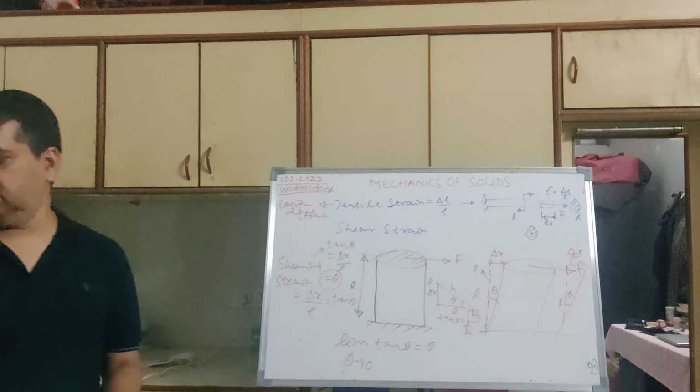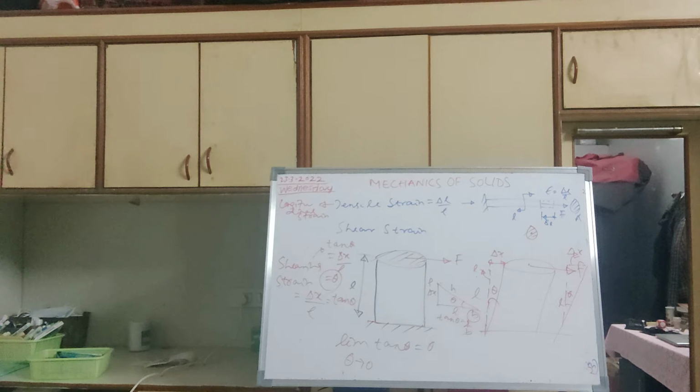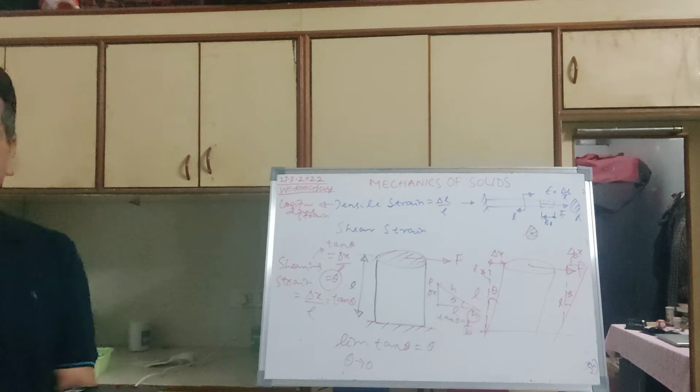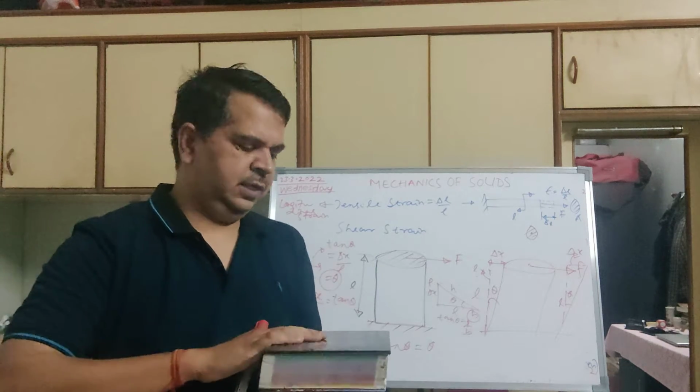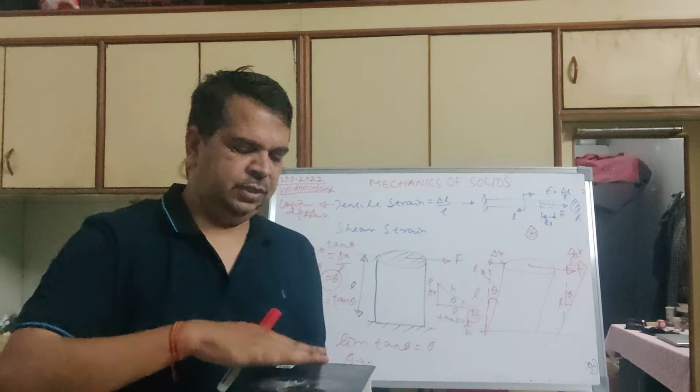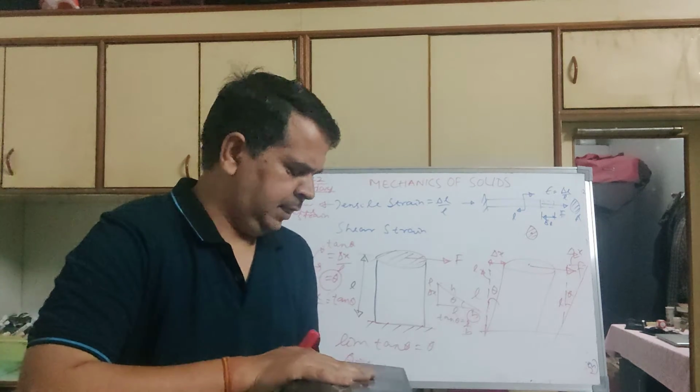Another example of shear strain is your book. A very good example of shear strain is your book. You are holding this book, and let us say you apply some force on it parallelly, like this.